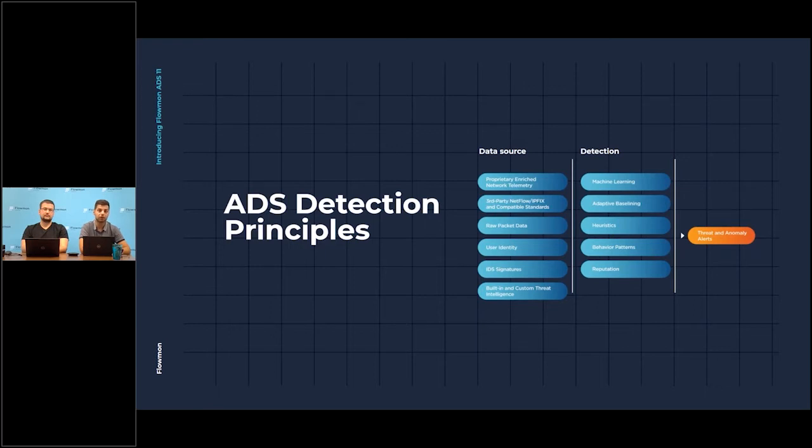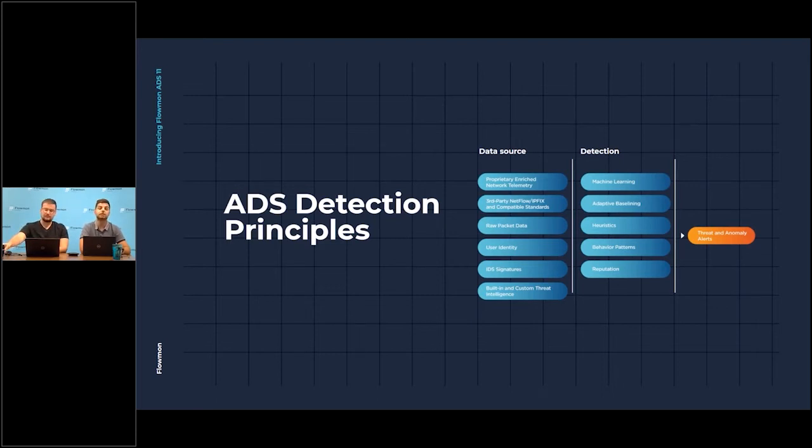We complement our data set with IDS signatures, not necessarily to use them as a primary detection capability, but to provide a deeper level of detail and an understanding of the specifics of the detected attack when the signature is available. And we also have built-in threat intelligence in the form of blacklists.